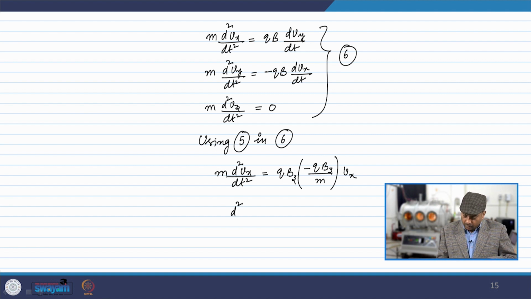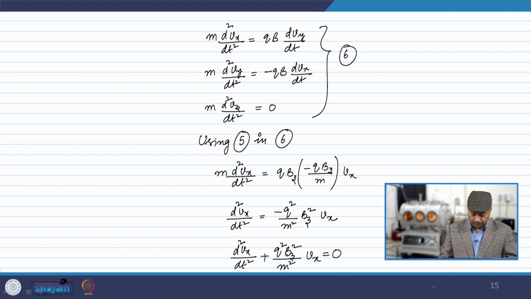So, d square Vx by dt square is minus q square Bz square by m square Vx, or d square Vx by dt square plus q square Bz square by m square Vx is equal to 0. This is from, let us say, 6a, b and c.